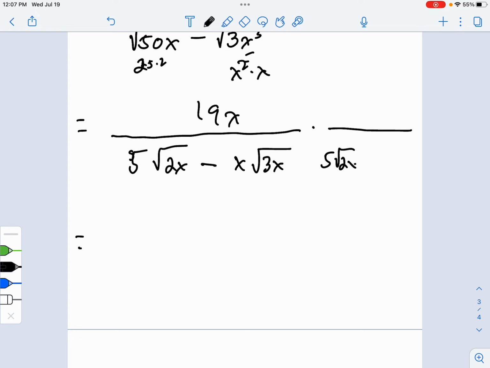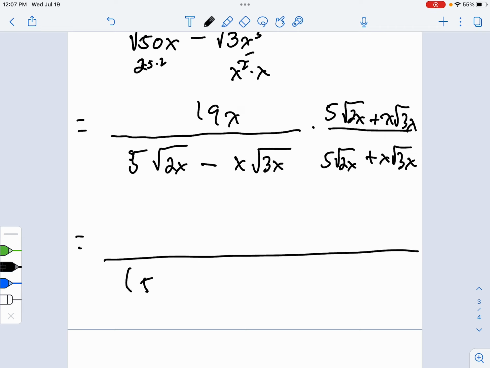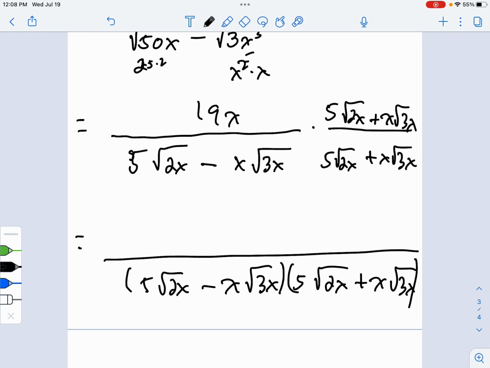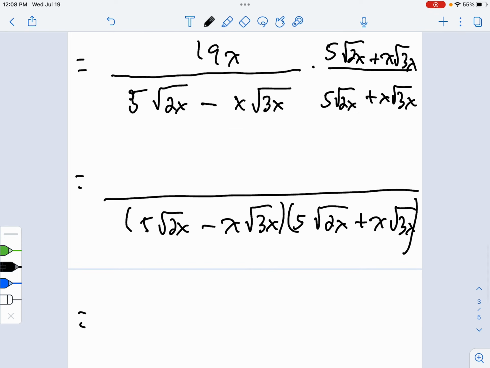So I would multiply by 5 root 2x plus x root 3x on both the numerator and denominator. And I'm just looking at the denominator here for a second.